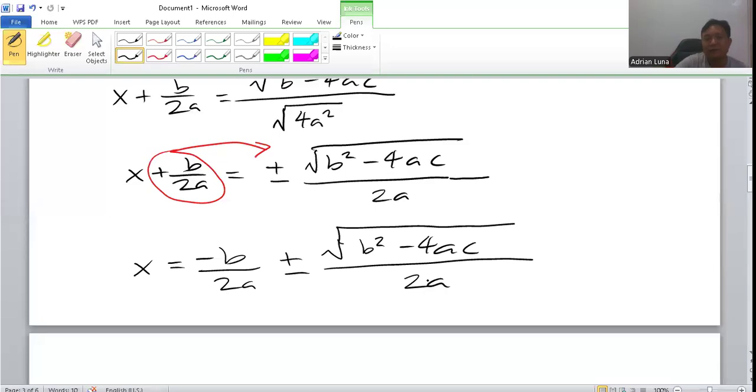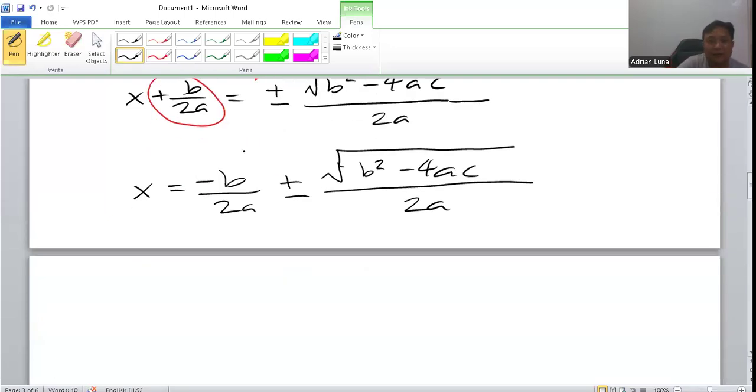And notice that we are adding or subtracting similar fraction, pag pareho yung denominator. So, rewrite natin dito.